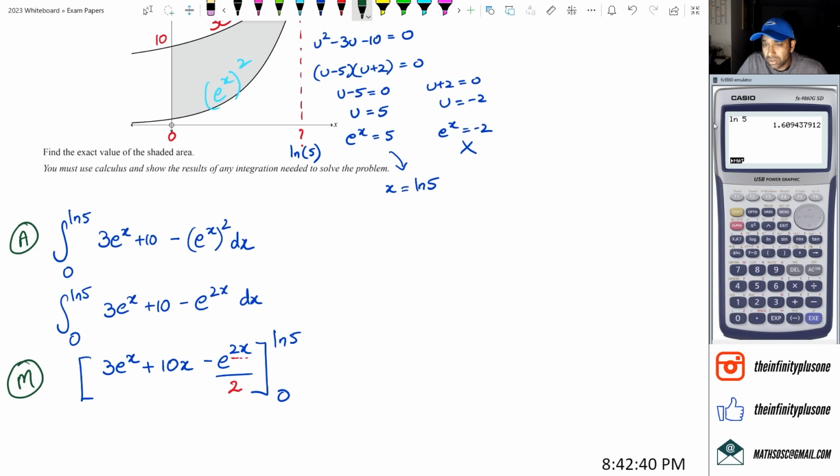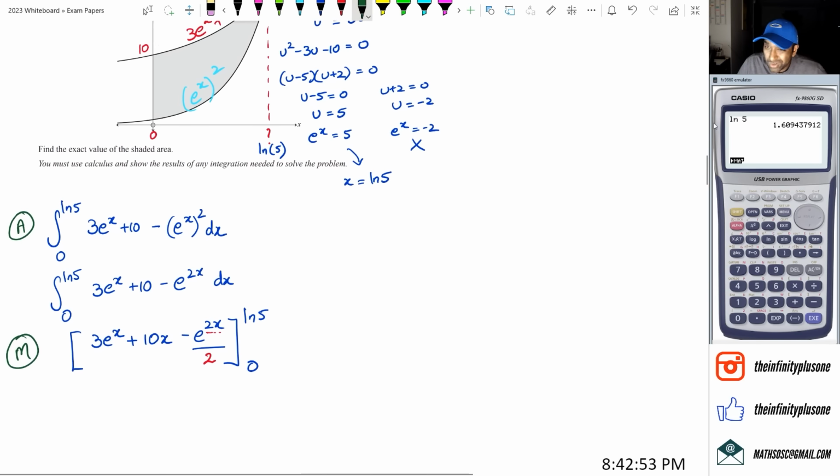And remember what I said to you guys before, I think it was question C or D that we did, where we need to find the area between two curves. Theoretically, we can actually put this in the graphics calculator and get our answer. But because it's an excellence question, I am simply going to put my values here.